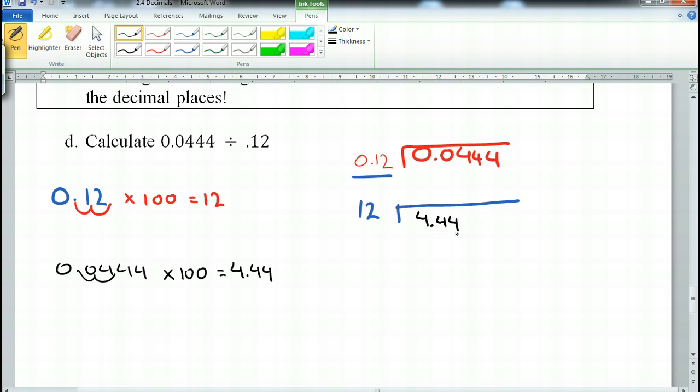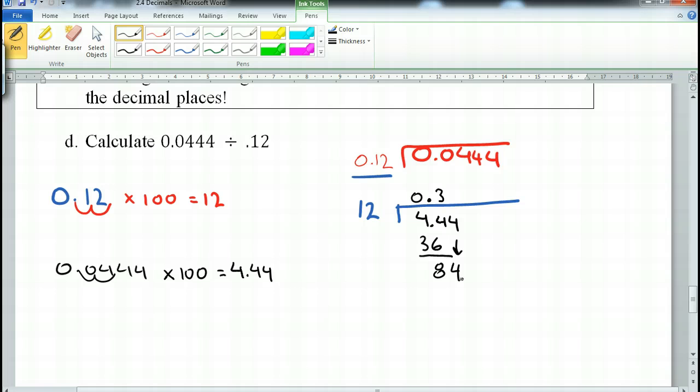Now I'm going to put my decimal right up here. So 12 goes into 4. Well, it doesn't go into it, so I'll put a 0 here. Move over to the next one. 12 goes into 44. It goes in 3 times. 3 times 12 is 36. When I subtract this, I get 8. I now drop the 4 down.